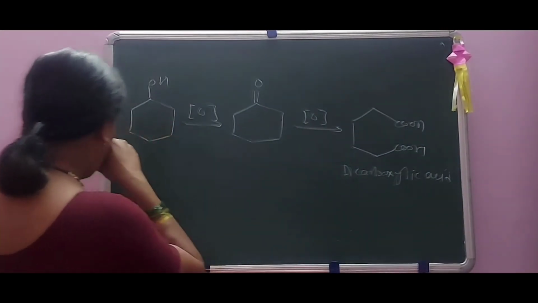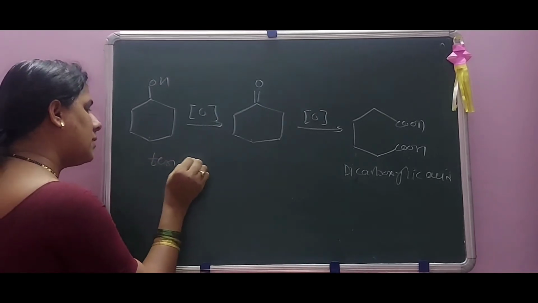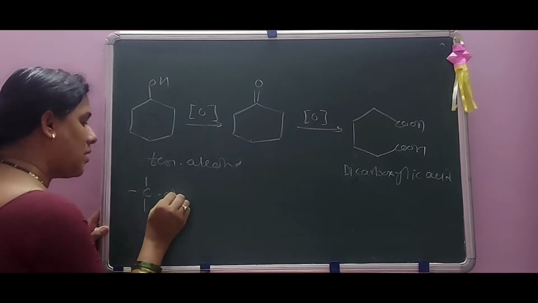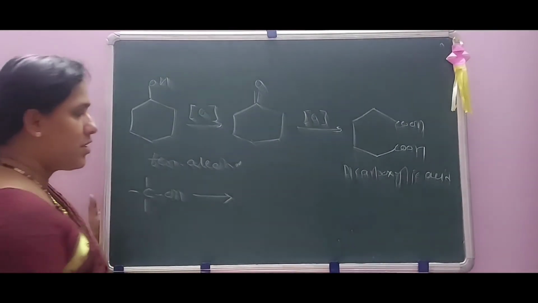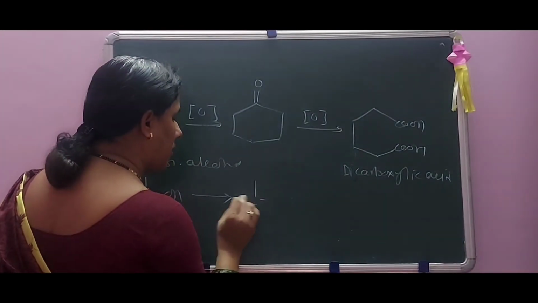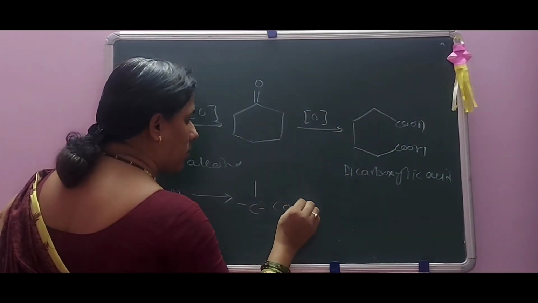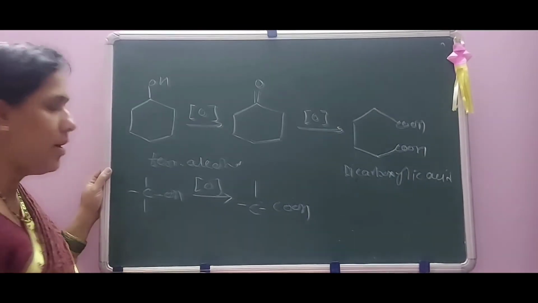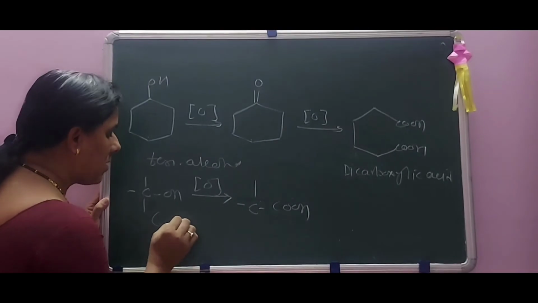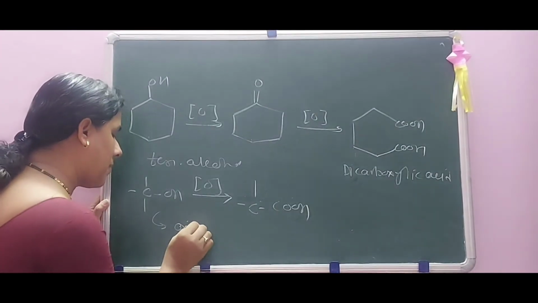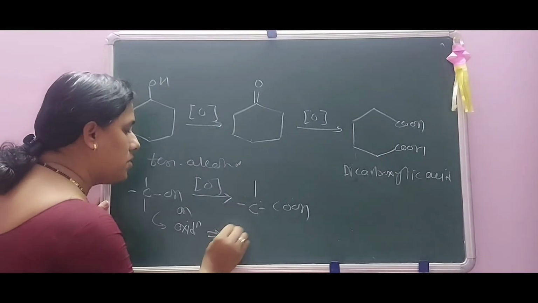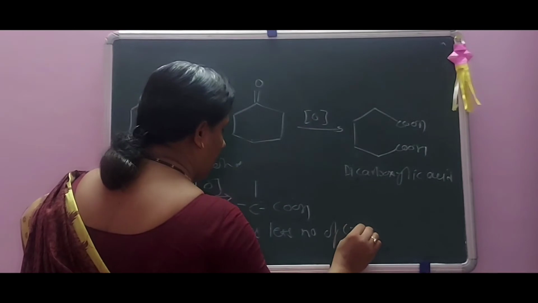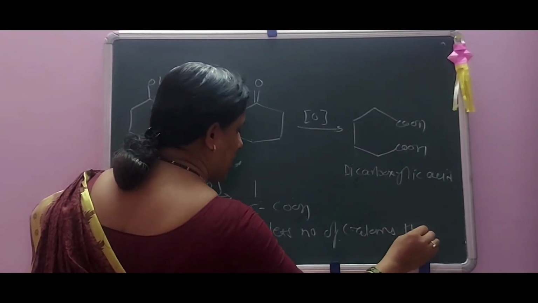Now the tertiary alcohols. This is the reaction. In case of tertiary alcohols, the reaction is like this: COH, which on oxidation gives rise to carboxylic acids, but with a smaller number of carbon atoms than the original.